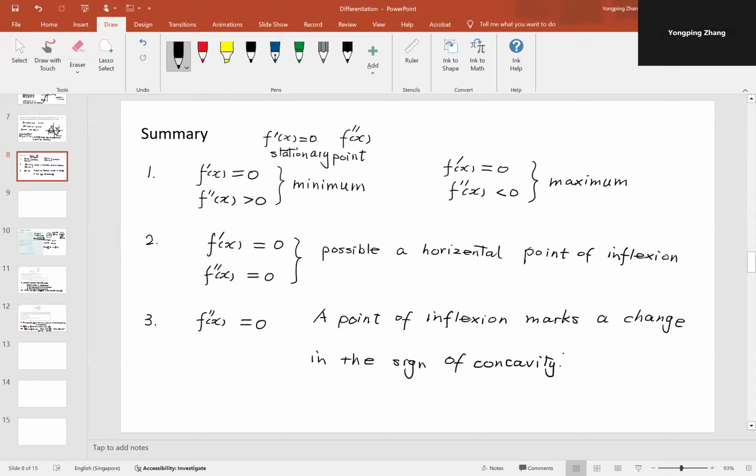We can further use the second derivative to determine the nature of the stationary point.